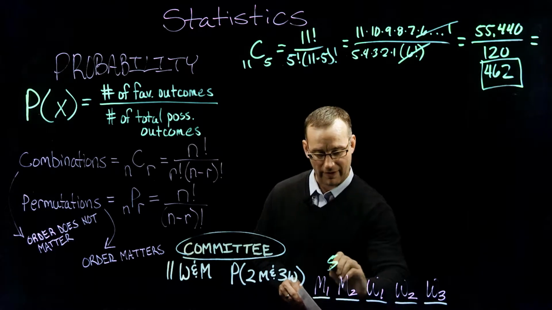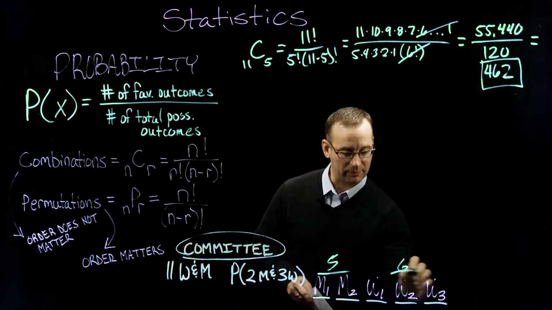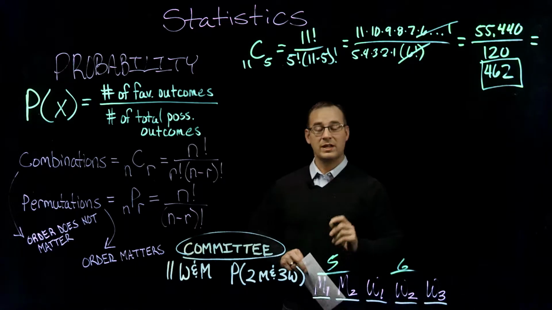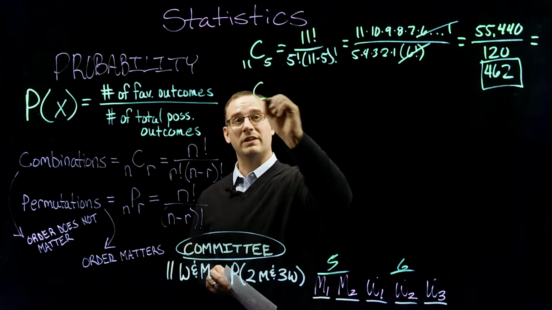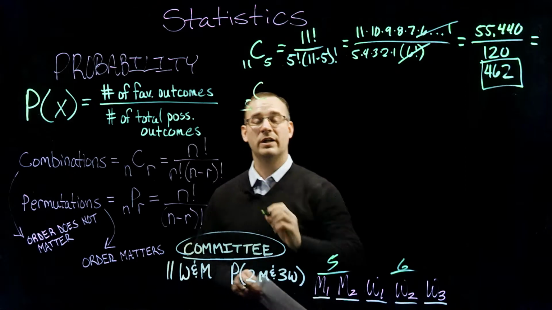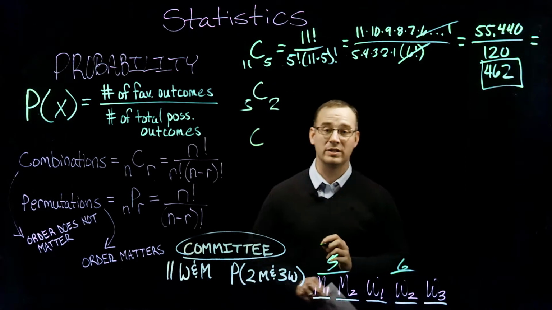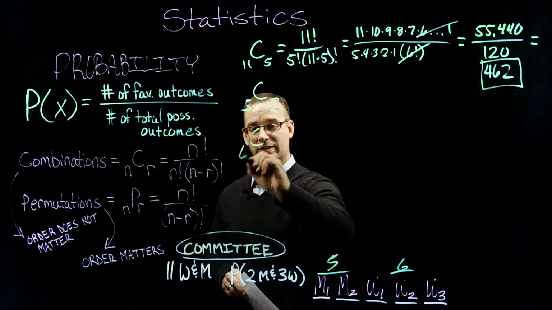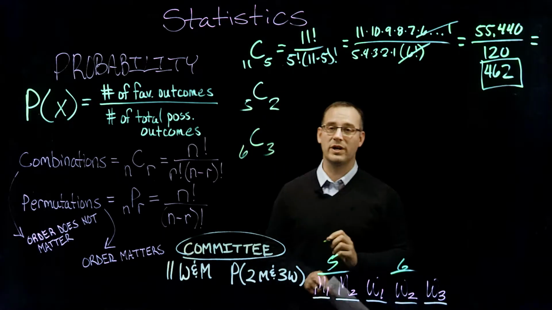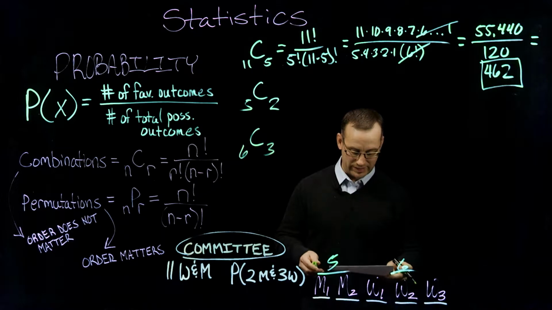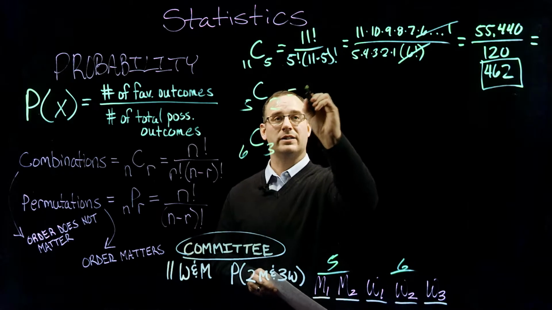So we need to figure out the combination of 5 men choose 2, and then the combination of 6 women choose 3, and then we're going to multiply those values together. Let's calculate this one out first.